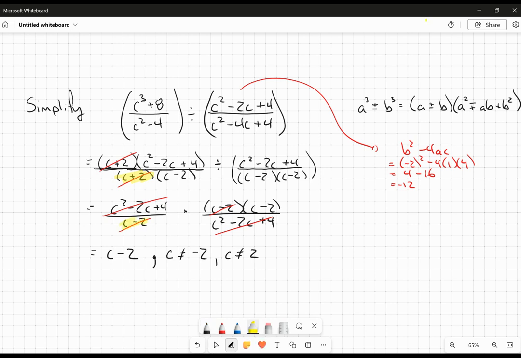That's going to cause this to be undefined. In addition, I canceled out this c squared minus 2c plus 4, but we've already established from the discriminant that it wasn't going to go to 0 in a way that produces a real root, so there really are no restrictions coming from that. My final answer is c minus 2 with those two restrictions.